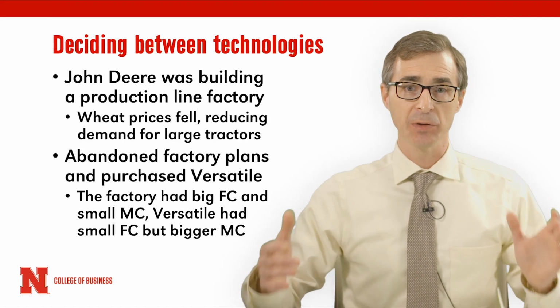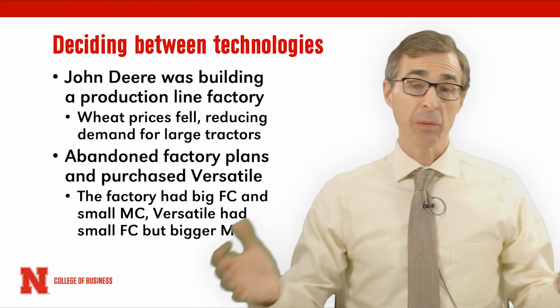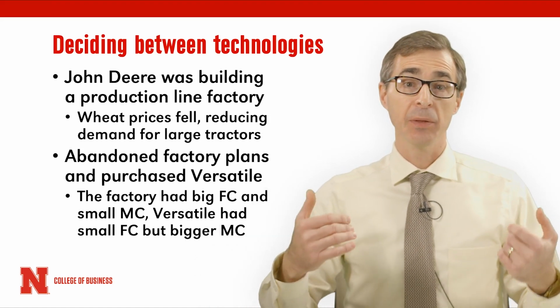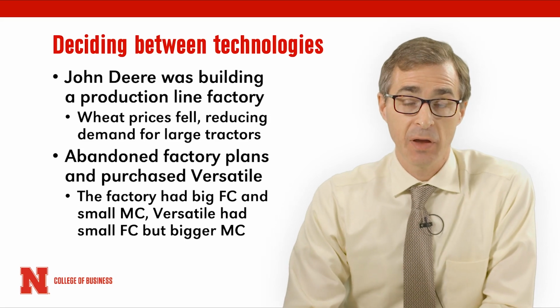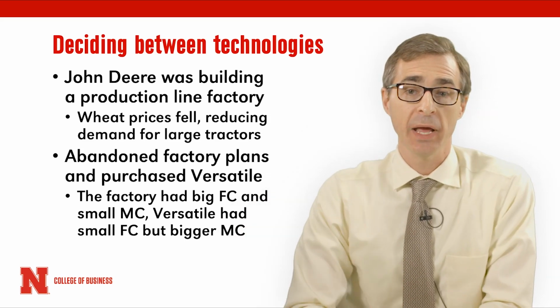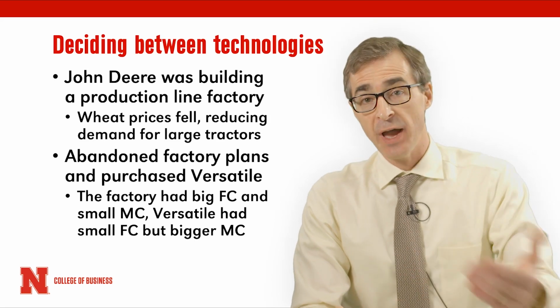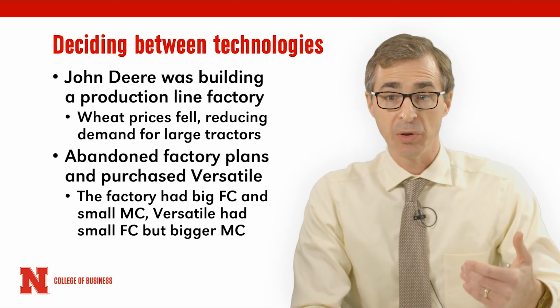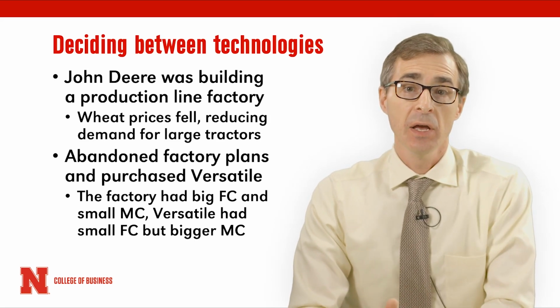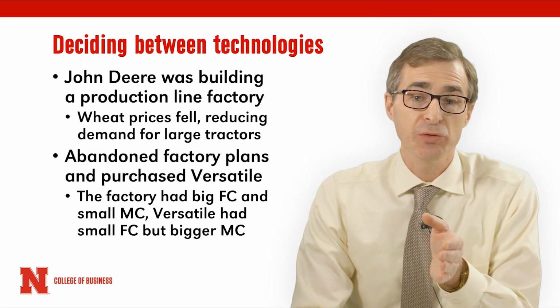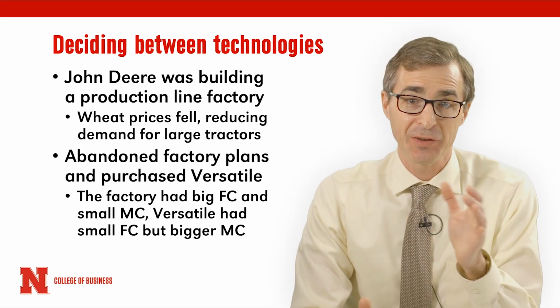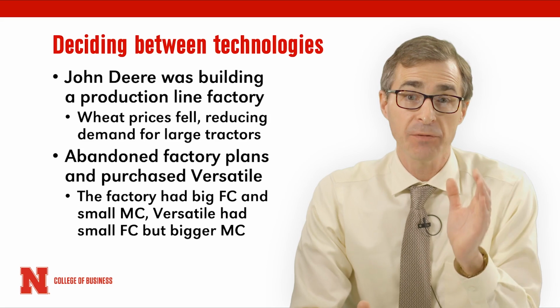Many farms failed, many farmers went bankrupt, wheat prices fell dramatically, and the demand for large tractors at that time plummeted. John Deere decided to abandon the new factory that they were beginning to build and instead purchased Versatile, which was a company that assembled tractors in essentially a large garage using off-the-shelf products.